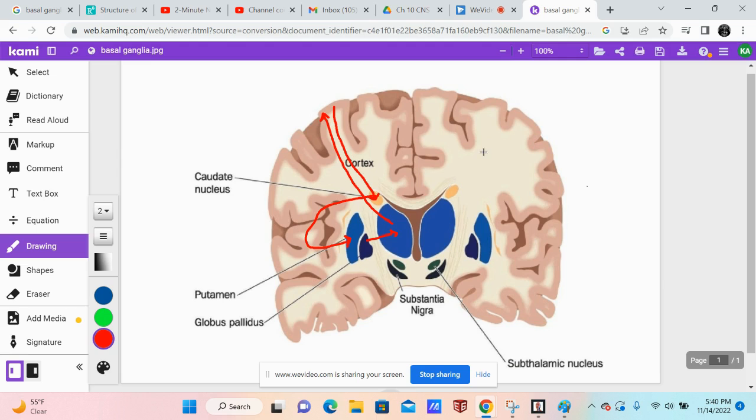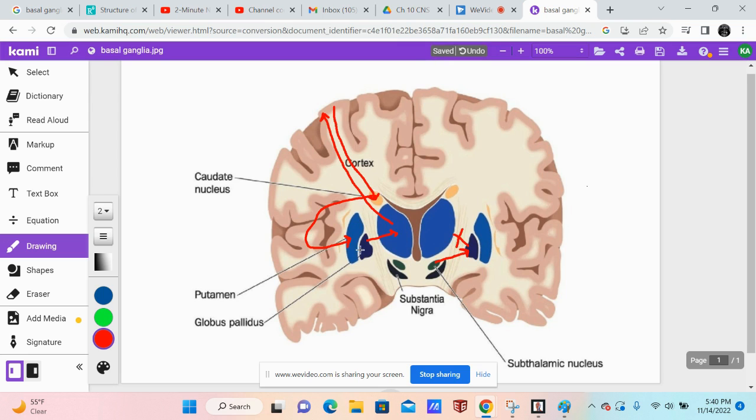There's also an indirect pathway, once again, not going to need to know this. And that goes with the subthalamic nucleus. The subthalamic nucleus is right below the thalamus. And it's like the opposite one where it doesn't stop inhibiting the thalamus. This is one where it's going to cause the globus pallidus to start inhibiting movement even more.